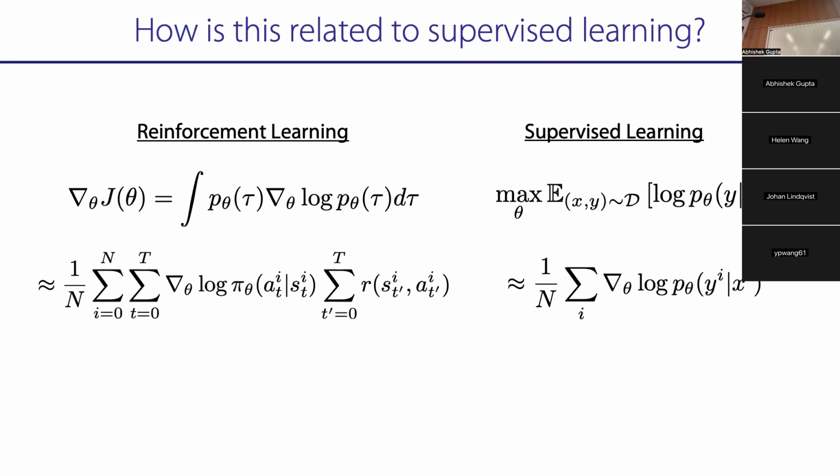That's what behavior cloning did. You can essentially approximate that expectation by saying, if I had a bunch of X and Y samples, I compute the grad log P, I average them, right? And that gives me my gradient. And I don't have to recollect my data ever. I just compute that gradient, I take a step, I recompute the gradient, I take a step, I recompute, I take a step, right? And so that's going to be supervised learning.